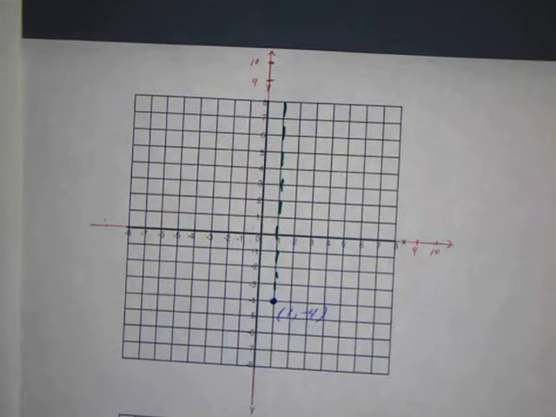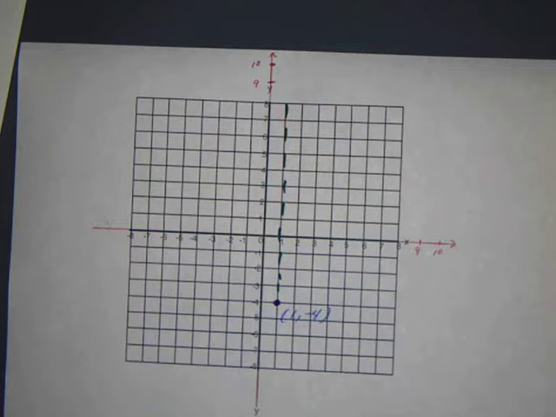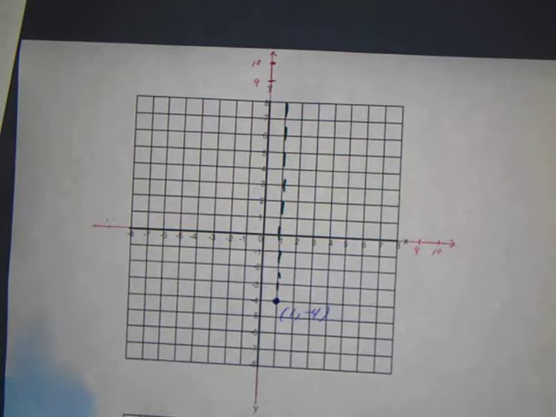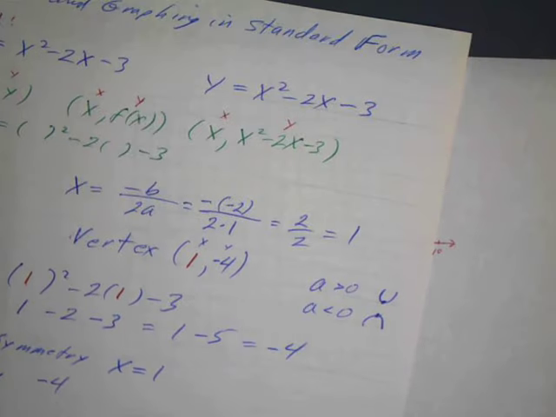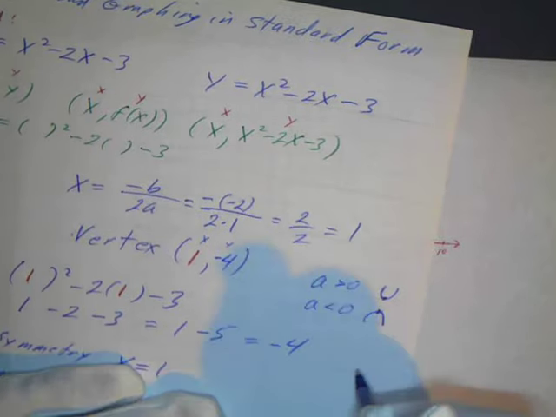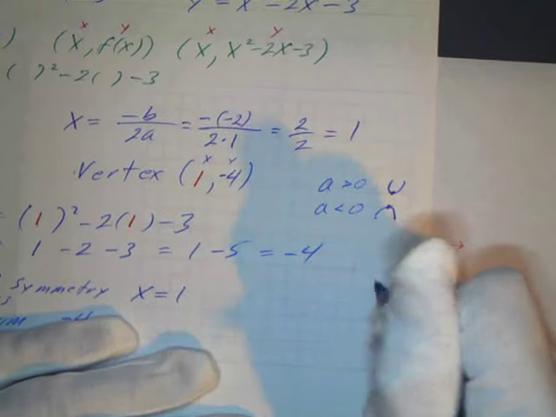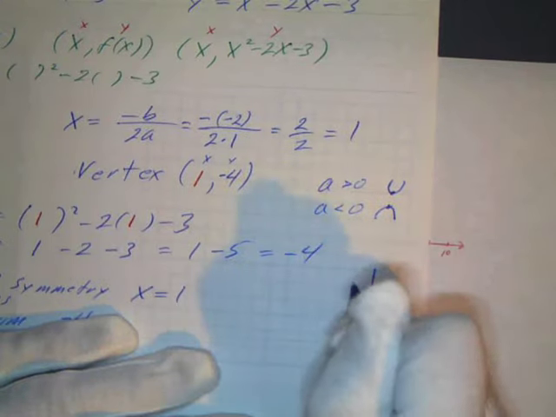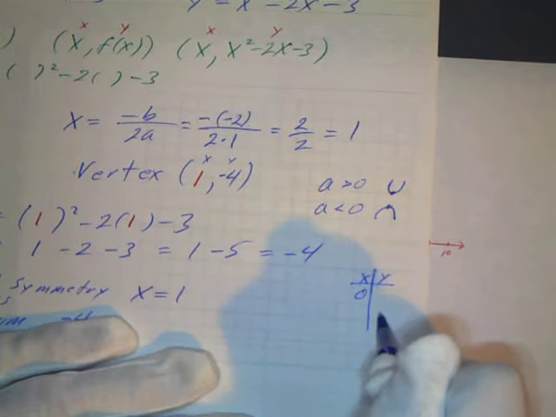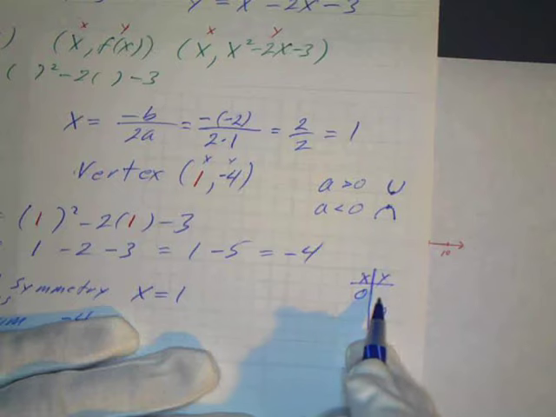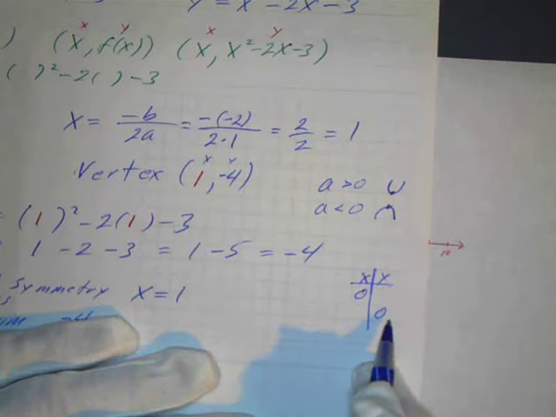Now, how about the y-intercept? Well, the y-intercept is where it crosses the axis, and we've talked about this before when we did lines. When we were graphing lines, we found the intercepts, and I think you remember doing something like this, I hope. The y-intercept is when x is 0, and the x-intercept is when y is 0.